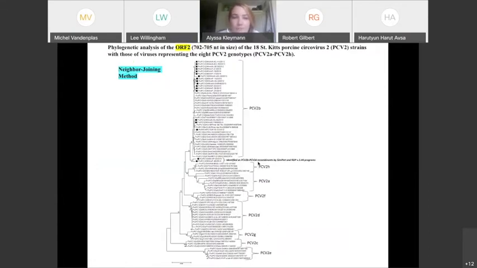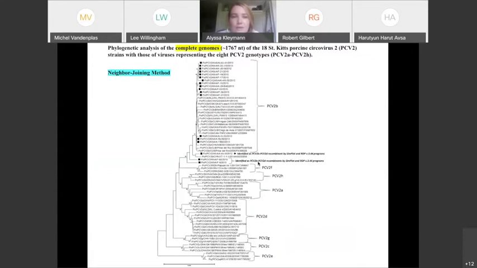Again, we also used the neighbor joining method to create a phylogenetic analysis, and the clustering patterns are similar to that of the maximum likelihood method. I'll just show it here for completeness, and this is showing the ORF2 region, and then this is showing the complete genomes.